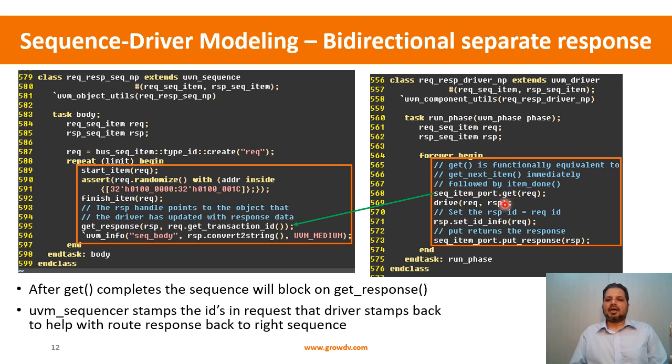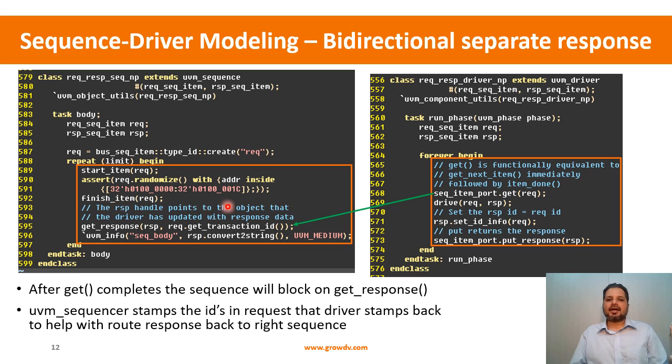But the get next item present within the get would unblock because of that, but immediately it's also calling the item done, which means the finish item would not remain blocked. So the finish item would get immediately unblocked after the get comes out.